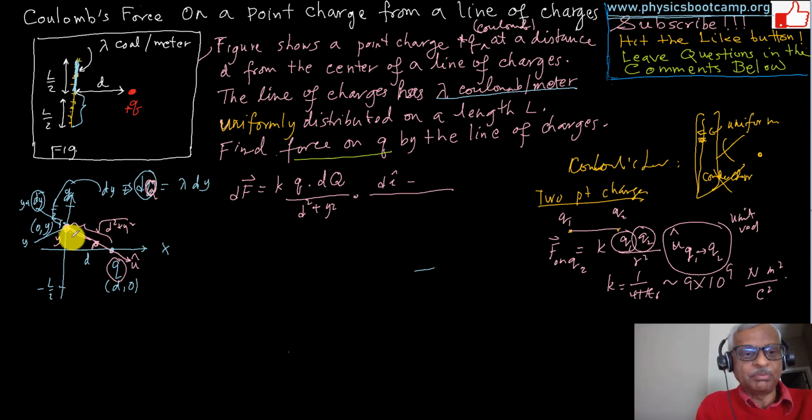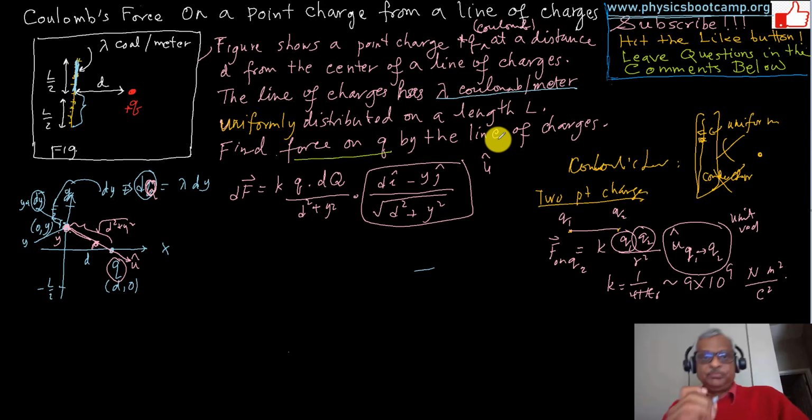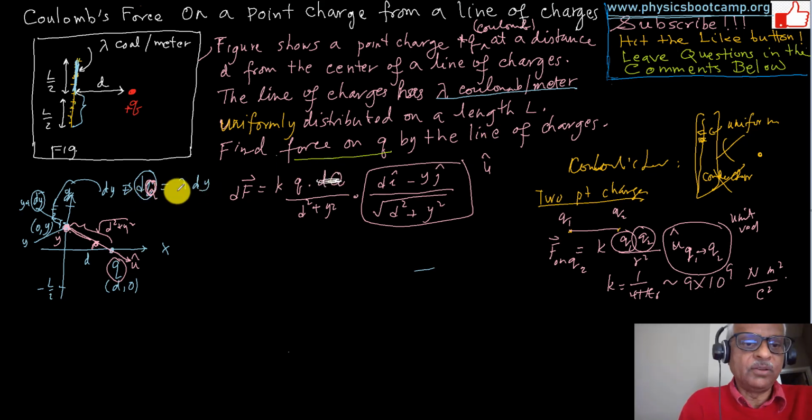Take this, subtract that away, so minus 0, y j hat, over the square root of d squared plus y squared. This is the unit vector. Now dq, let's write down, dq is lambda dy.